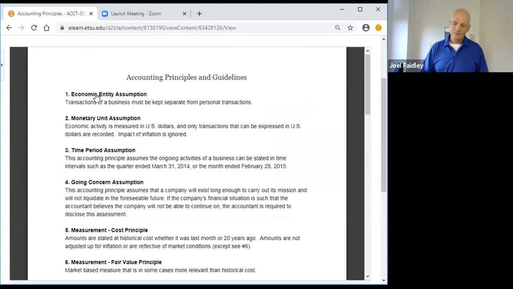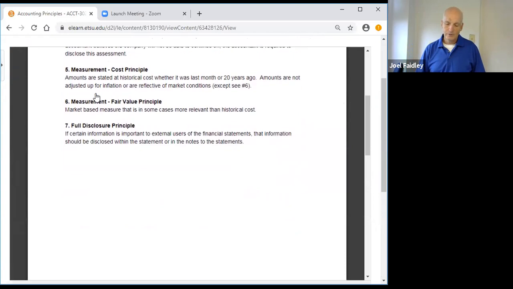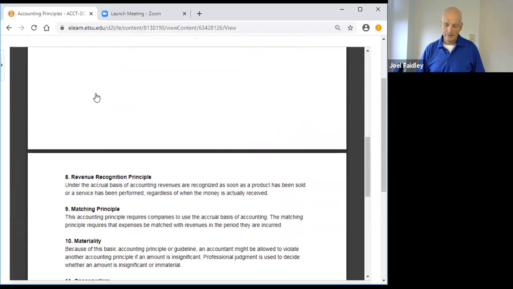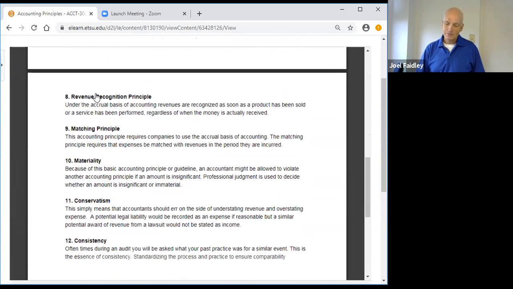But I just want to really solidify your knowledge here in understanding these 12 principles or concepts. The last 5, which are on the second page here, is what you'll be writing a paper on in the final weeks of this class, the last module, where you're putting together this 5-page GAAP paper, where I want you to tell me what you understand about these 5 principles.